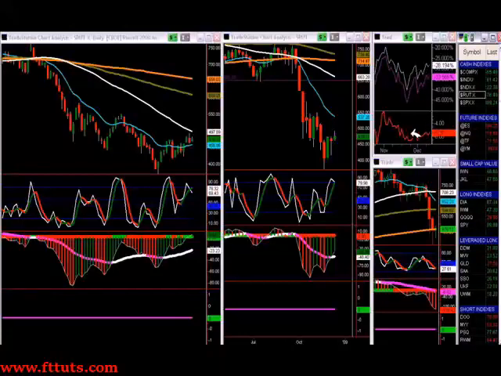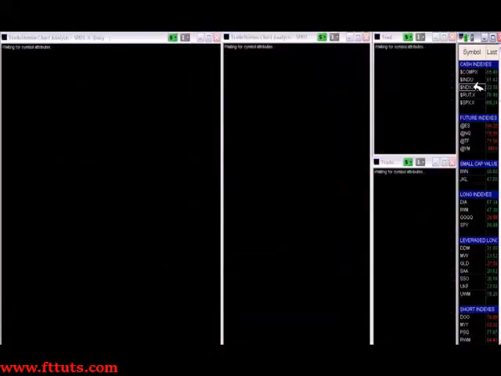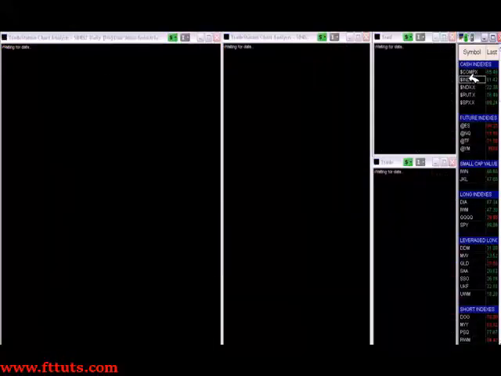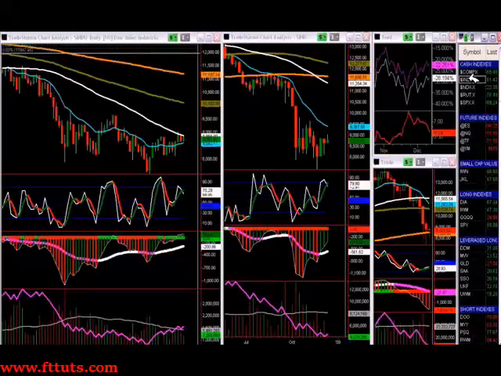We need to break above these highs to really get anything going. Check the NDX. The NDX right here was a trend line break. So NDX is actually outperforming the major markets right now. And the Dow is underperforming. See, the angle is down, so the Dow is underperforming.